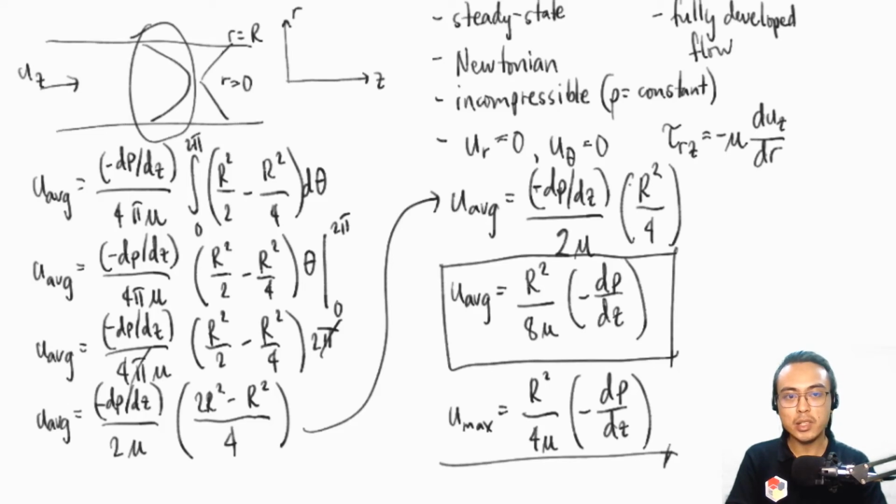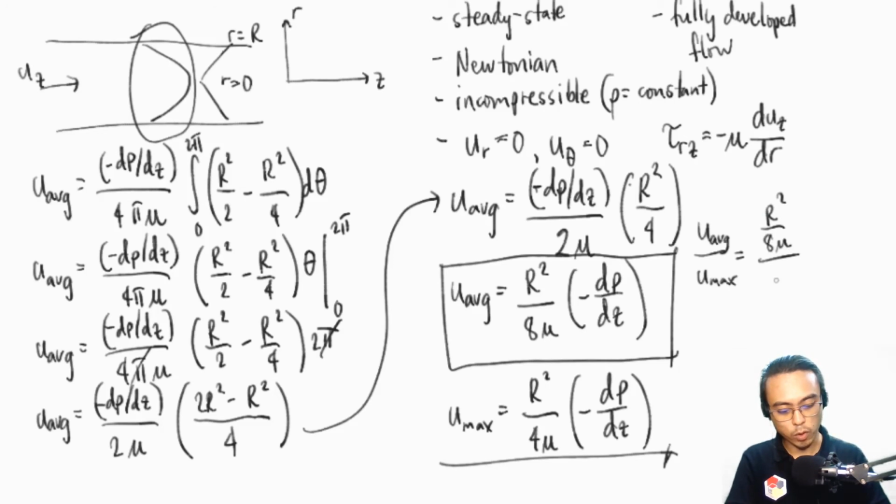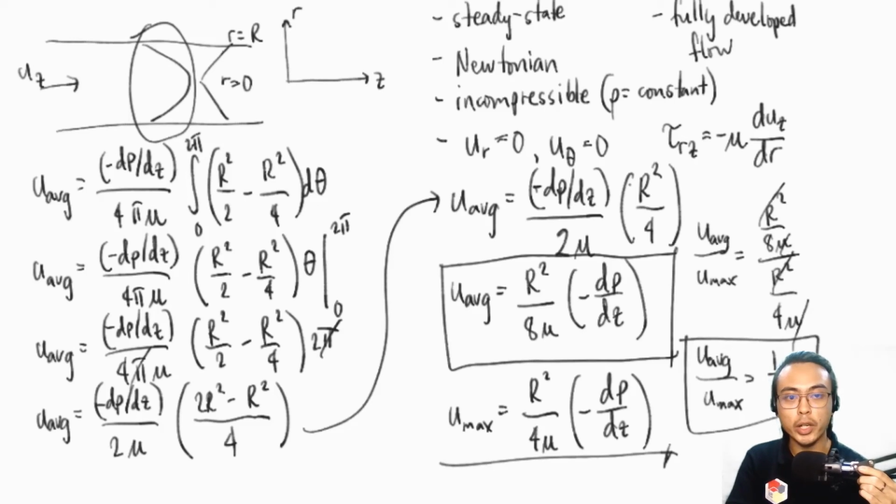So what happens if I take the ratio of the average velocity and the maximum velocity? Of course, the negative dp over dz will cancel. So we are left with capital R squared over 8 mu over capital R squared over 4 mu. Mu cancels, R squared cancels. We are left with the ratio of average velocity over maximum velocity equal to 1/2.